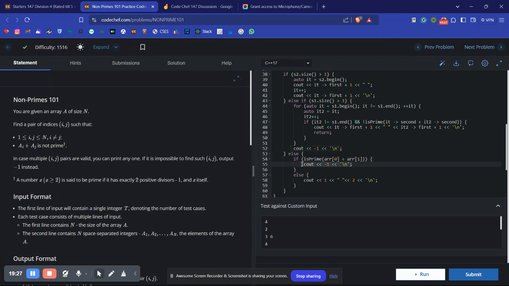That means there is no composite number in the whole array. Otherwise, we are printing 1 comma 2, as the summation of the values at indices 0 and 1 is not a prime and it is a composite number.